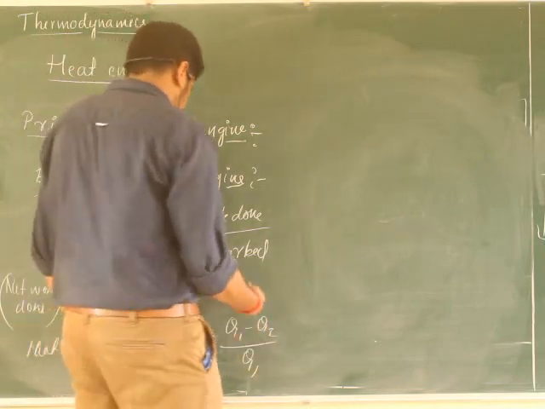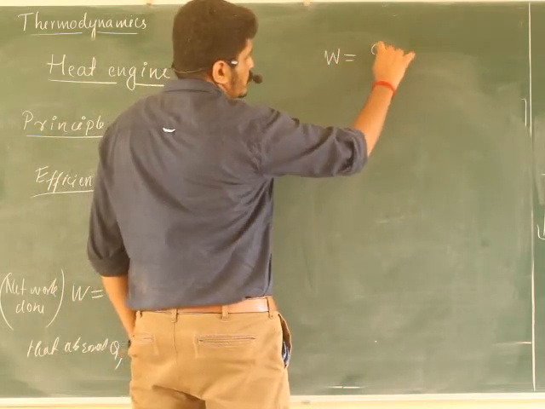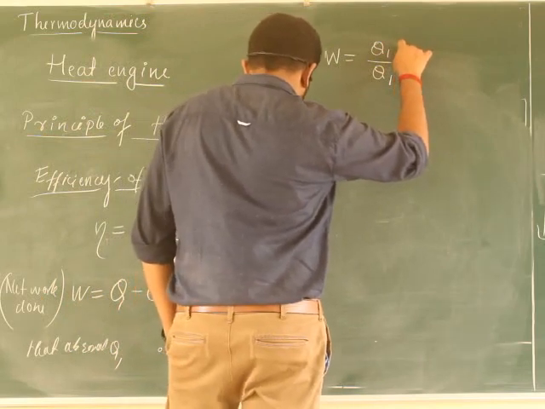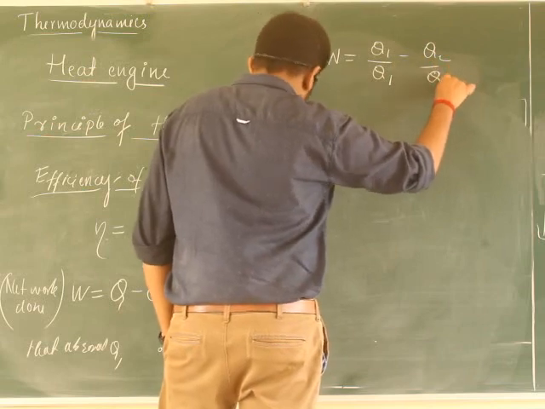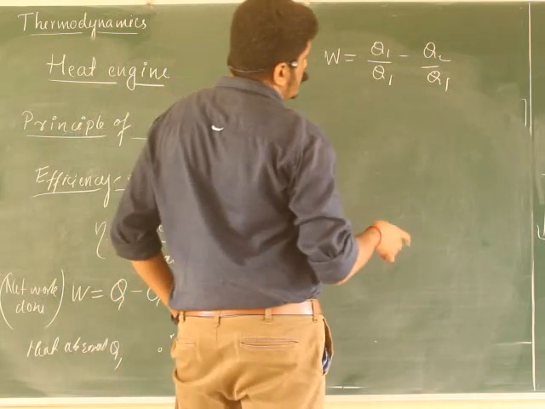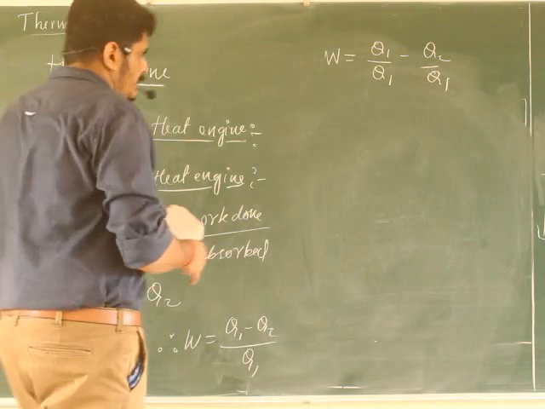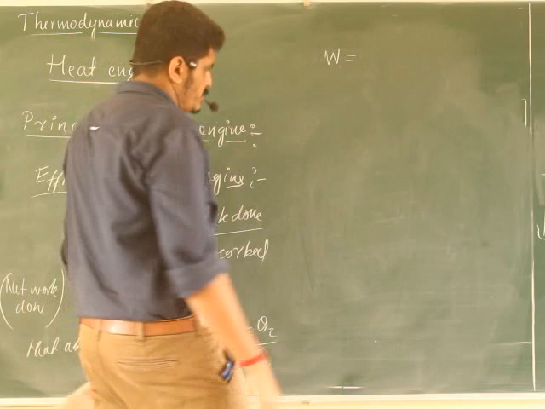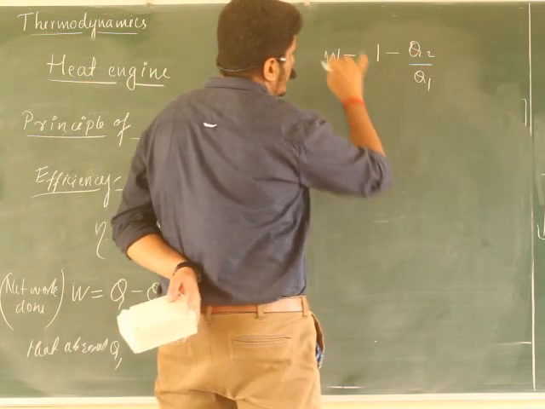Dividing through, this becomes Q1 divided by Q1 minus Q2 divided by Q1. So that is 1 minus Q2 divided by Q1.